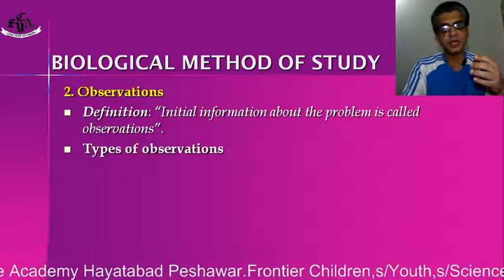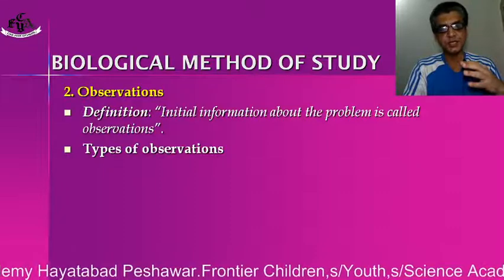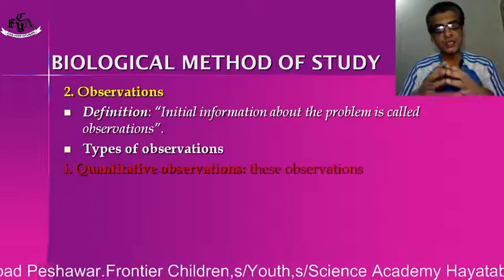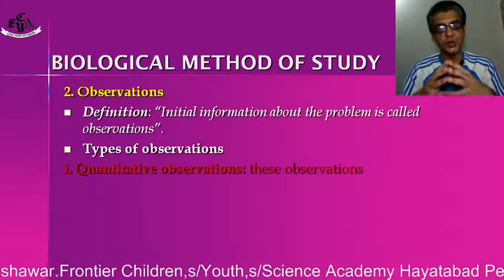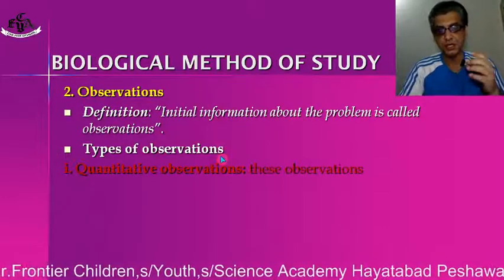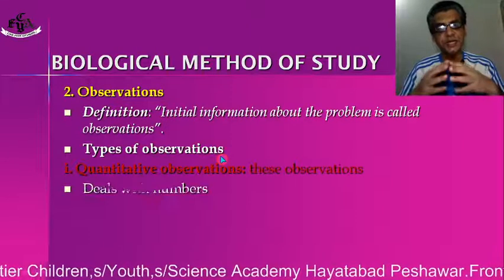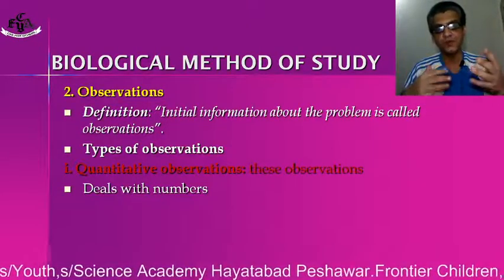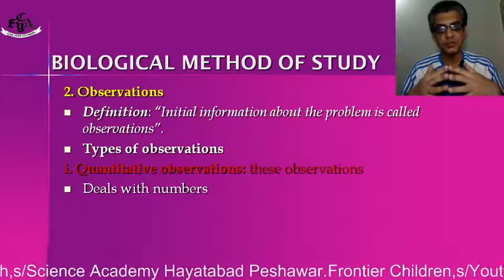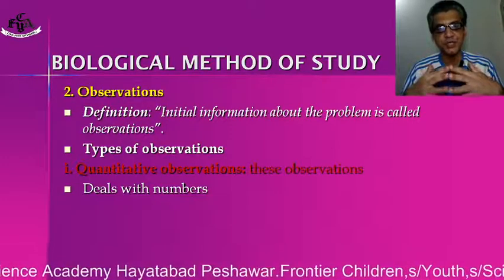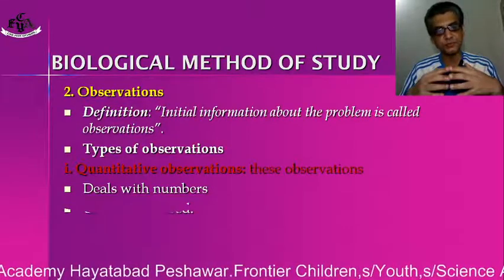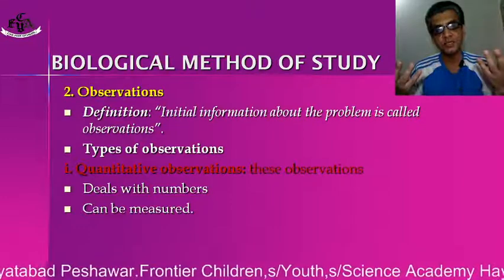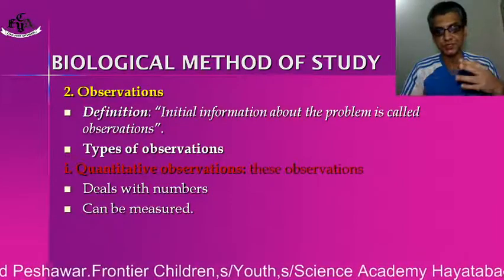Now there are two types of observation. The first one is quantitative observation. This observation deals with numbers. You can count it like 1, 2, 3, 4, 600, 2000. It can be measured, so you can easily measure such kind of observation.